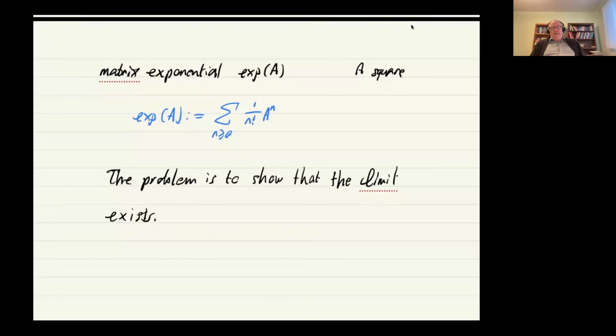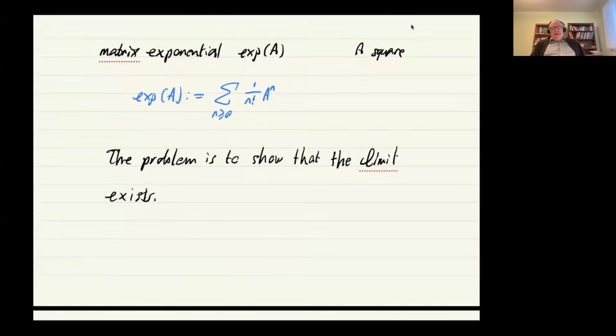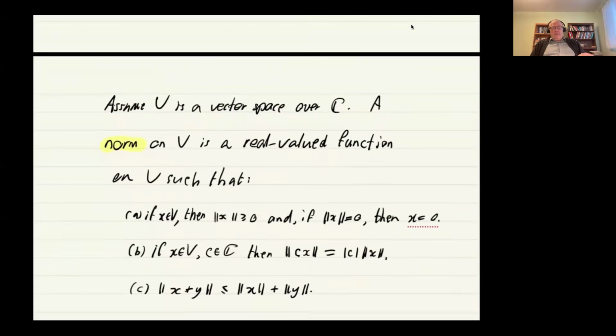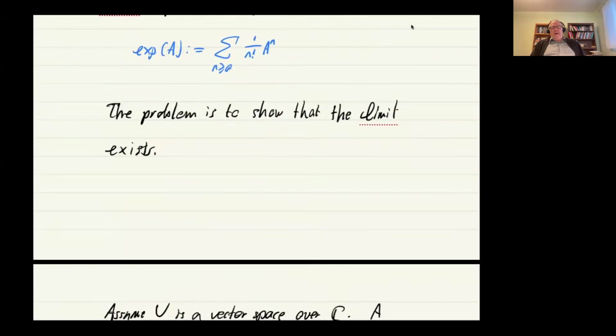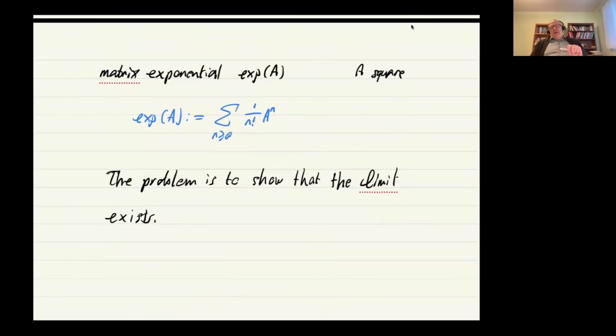The problem in this case is to show that the limit here is well defined. What I'm trying to do is to explain that in a certain sense this definition makes sense. When you want to prove that e^a, where a is a number, is well defined, you use absolute values and so on. I'll come back to that.